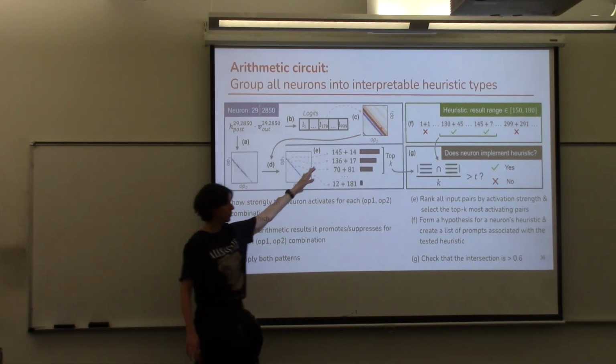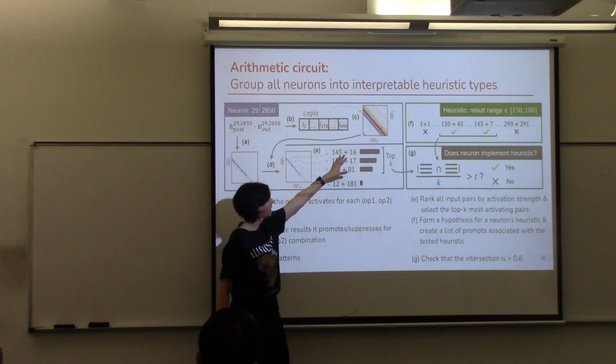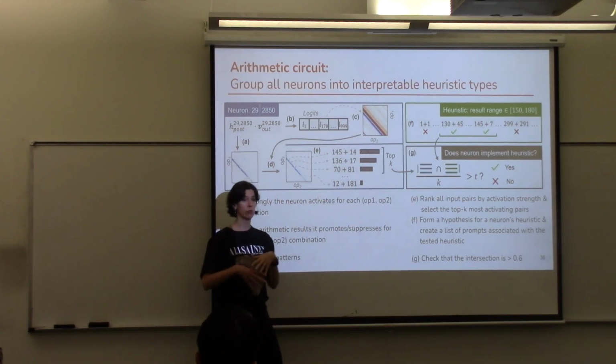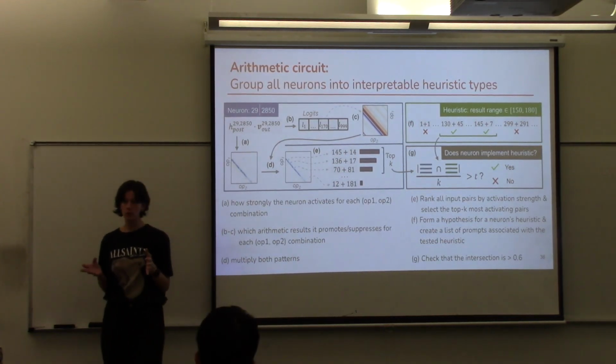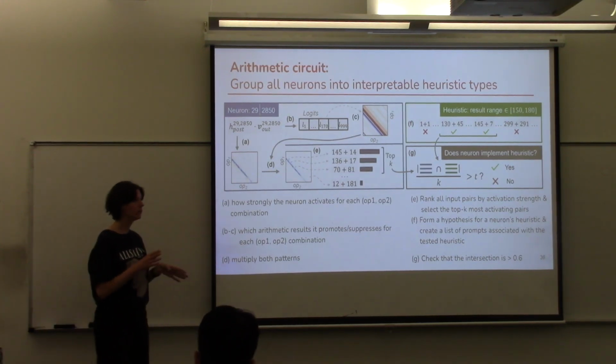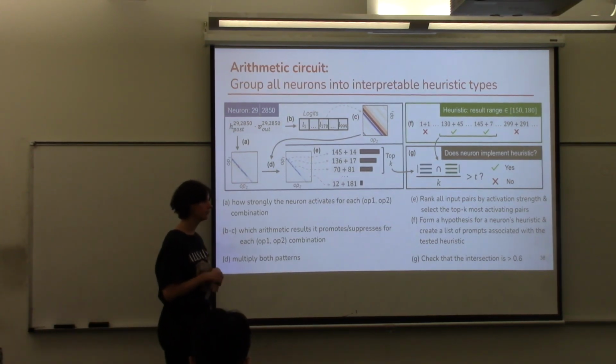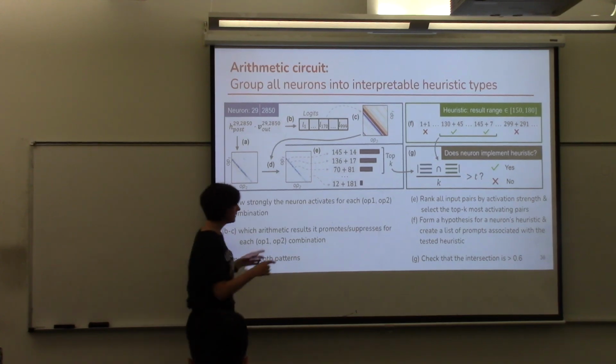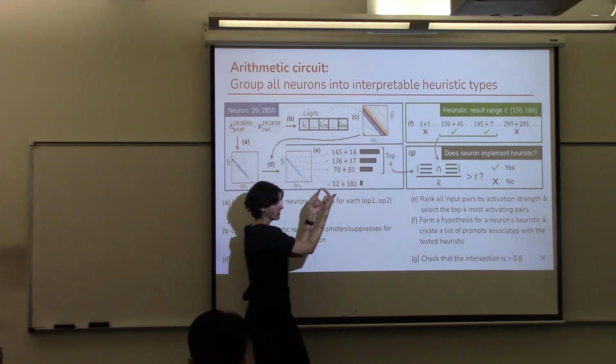What I can tell you is that the point here is that this heat map shows what are the output logits that this neuron is activating for, relative to the different choices of operand 1 and 2, and they then multiply both of these.